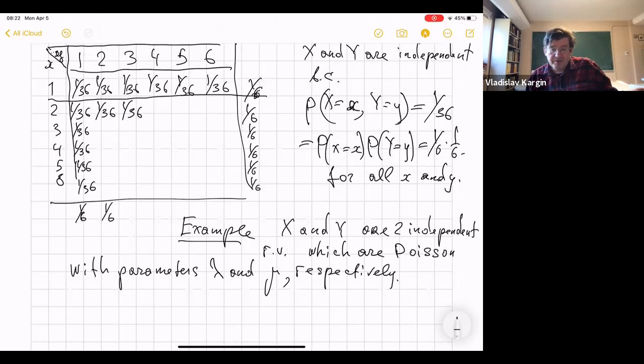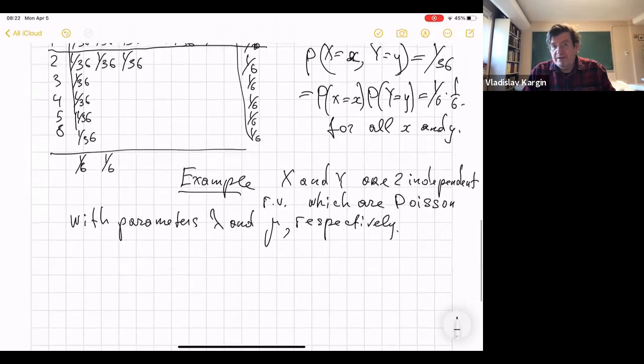Say x is the number of accidents on one road, and y is the number of accidents on another road on the other side of the United States, and they are probably independent. They are distributed as Poisson. In one region, it's parameter lambda. In another region, it's parameter mu.